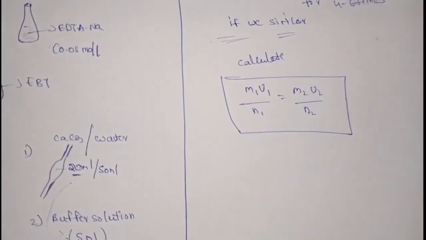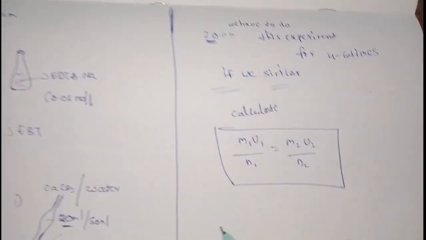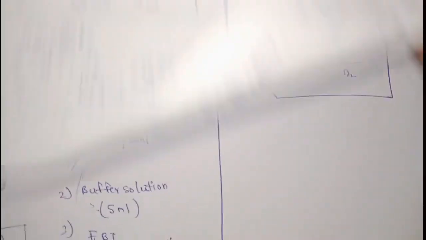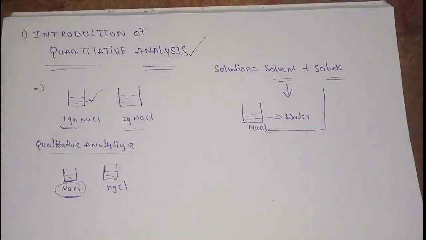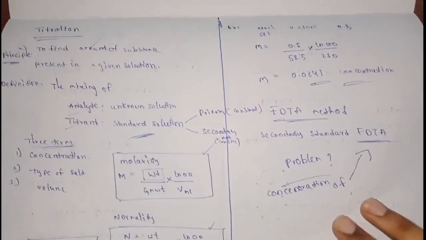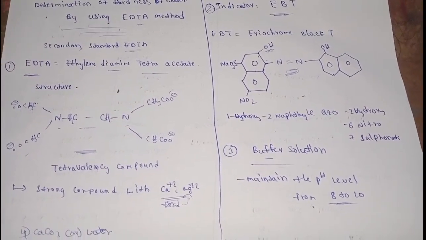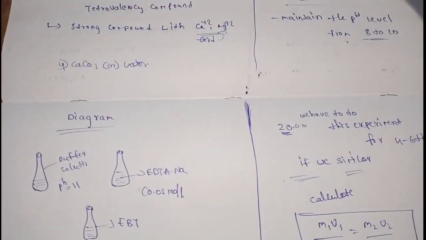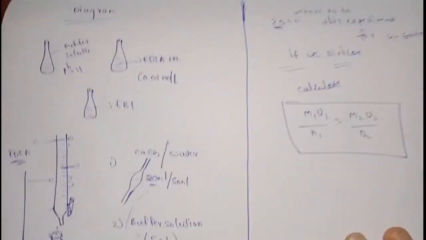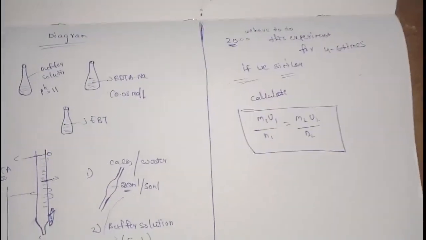So from the introduction of quantitative analysis, this EDTA titration method, the indicator, the buffer solution range, the calcium carbonate solution and the diagram of the experiment in the lab, this was the video on how to determine the hardness of water.